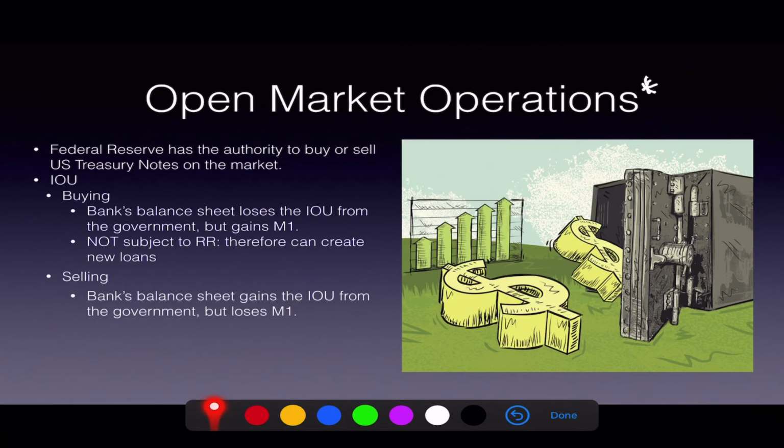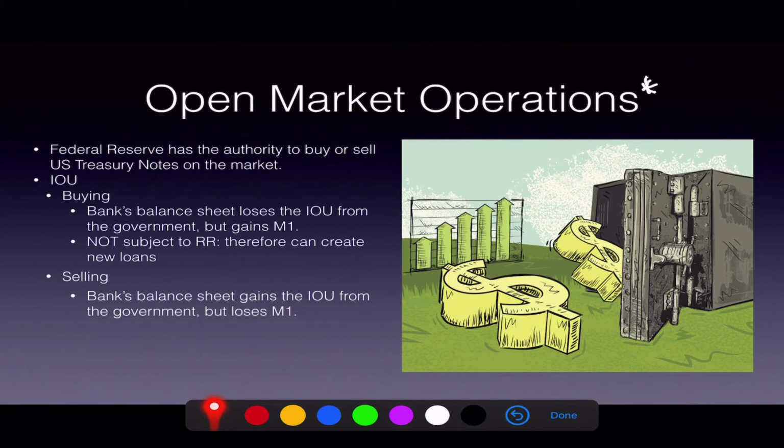Because the bond couldn't be spent. The bond isn't part of M1. It's not money at all. And so this new money is put into the system in exchange for the bond. This new money is not a deposit, and therefore it is not subject to the reserve requirement that we talked about earlier. Therefore, all of this goes into excess reserves, and all of that money could be loaned out.